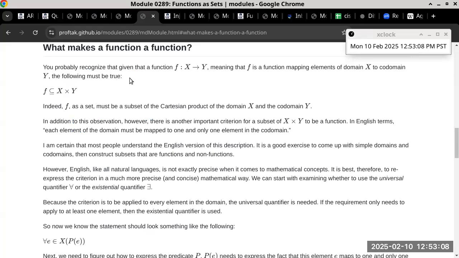This expression is by itself a Boolean expression, which is asking, is f a function where X is a domain and Y is a codomain? That's Boolean because f as a set may not be a function. So if we want f to be a function, then the first requirement is f has to be a subset of the Cartesian product of X and Y.